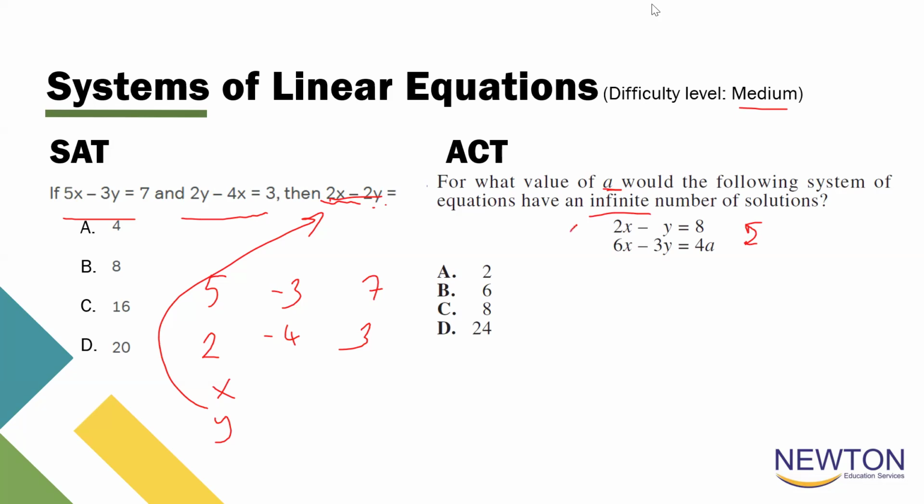If I multiply the first one by 3, I will get 6x minus 3y is equal to 32. And I know the 6x is the same as 6x, the minus 3y is the same as minus 3y. So the 4a should be equal to the 32. Then I solve for a to find my answer. So here the trick was in recognizing what an infinite number of solutions means.